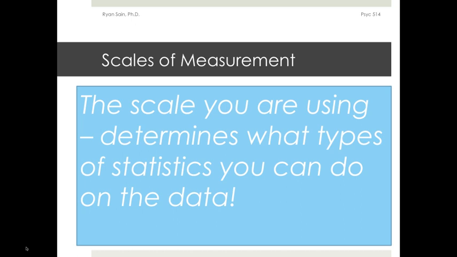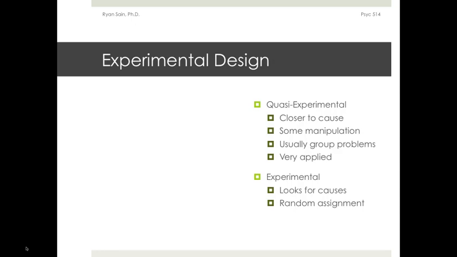Most qualitative stuff is ordinal or nominal. Most quantitative stuff is primarily interval, but also ratio, and every once in a while a little bit of ordinal as well.